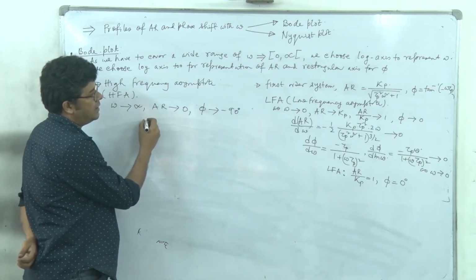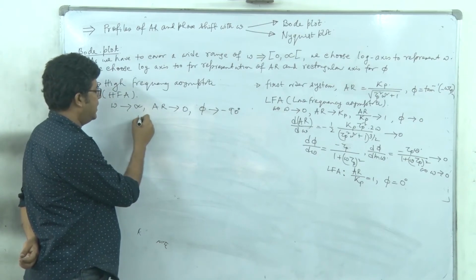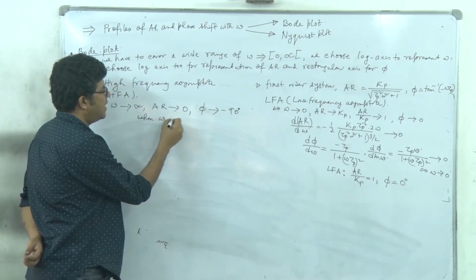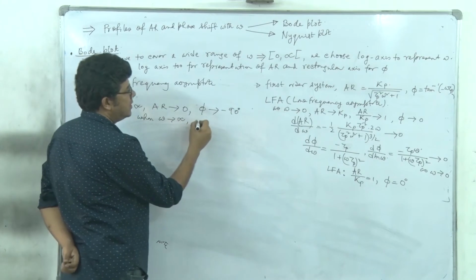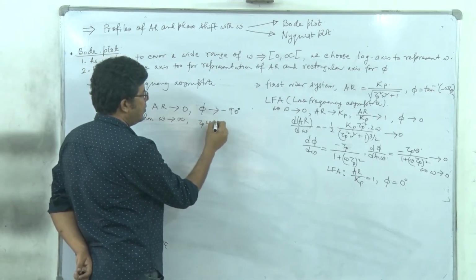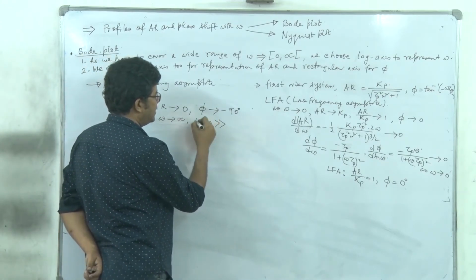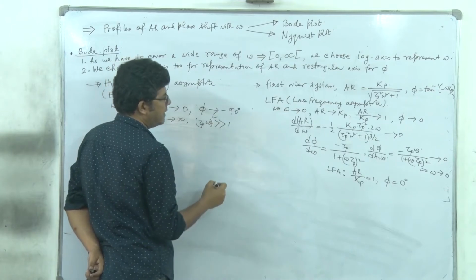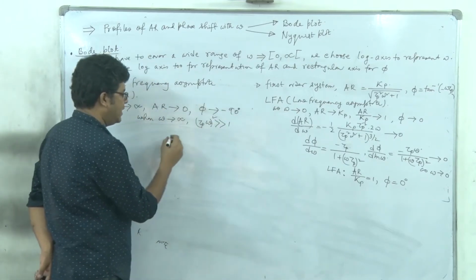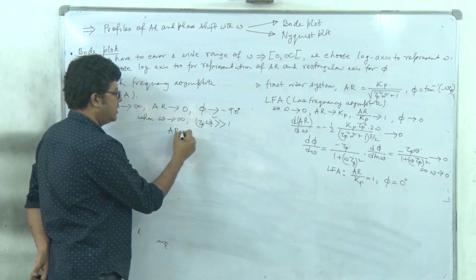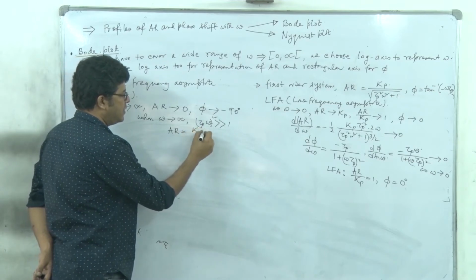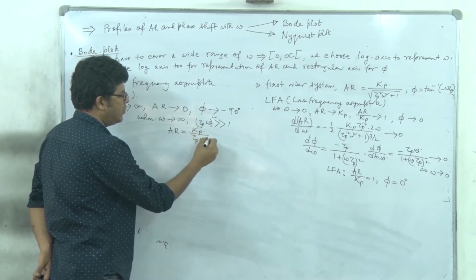We will go for writing that when omega tends to infinity, tau omega is much higher, or (tau omega) whole square is much higher than 1. So 1 we can neglect, and we get amplitude ratio equal to Kp divided by tau p omega.